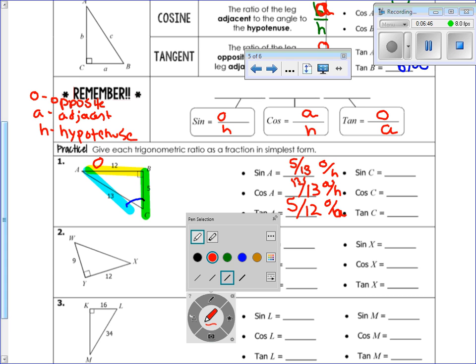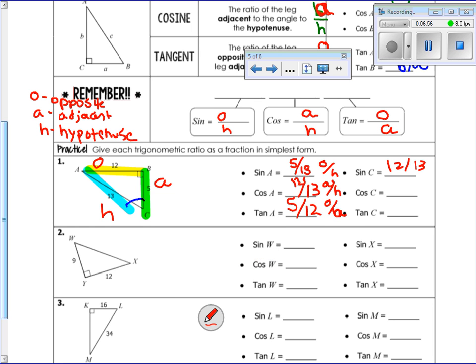So O over H is 12 over 13. Cosine, A over H, is 5 over 13. Tangent is O over A, so 12 over 5. If you look, they're reciprocals. Opposite angles have the reciprocals of their measures.